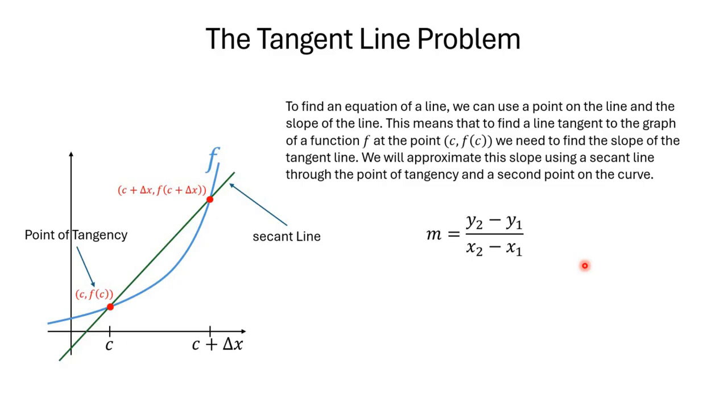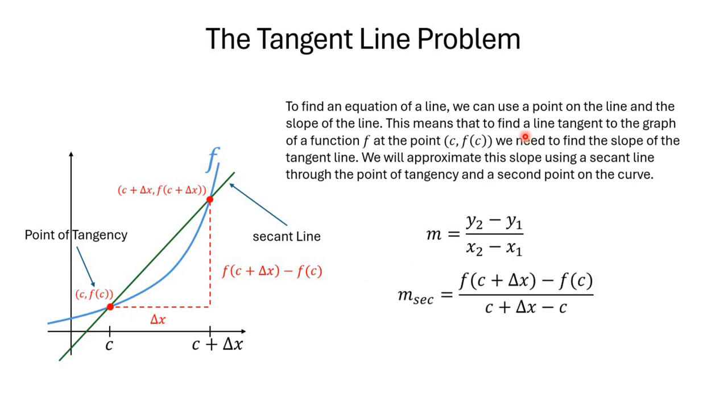So we're going to look at the vertical change, which is the difference between the two y values. That's going to be f of c plus delta x minus f of c. That's going to be the rise, the vertical change. And the horizontal change, the run, is going to be x2, which is c plus delta x, minus x1, which is c. But c plus delta x minus c is just delta x itself.